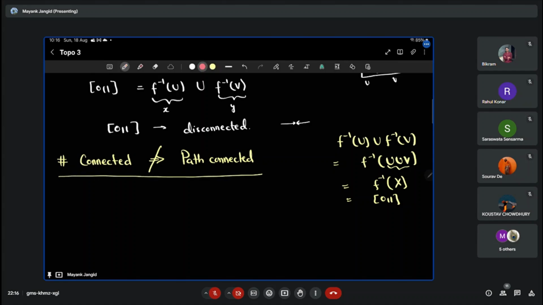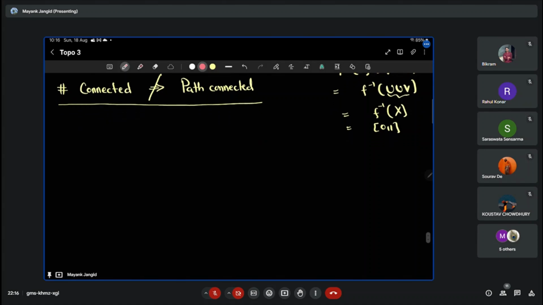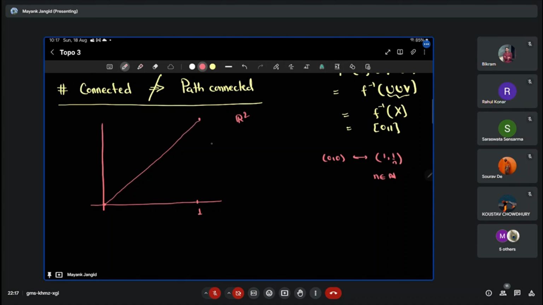Okay, let me try to draw a picture. So this is R2 and this is 1, and I'm making these lines joining 0, 0 to 1, 1 by n, where n is a natural number. I'm making all these lines.